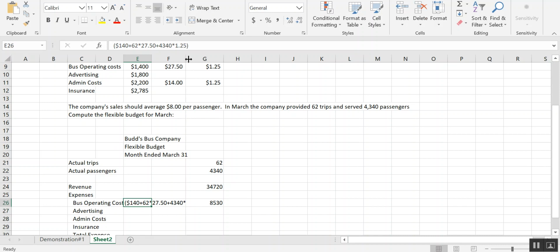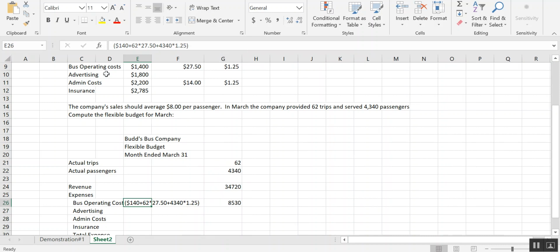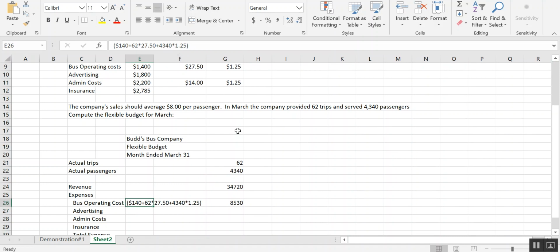And that's really what we're doing, okay? It's a mixed cost. This is what we would have called earlier a mixed cost. And we're just calculating the fixed portion of that. There we go, 1,400 plus 62 times 27.50 plus 4340 times 1.25.